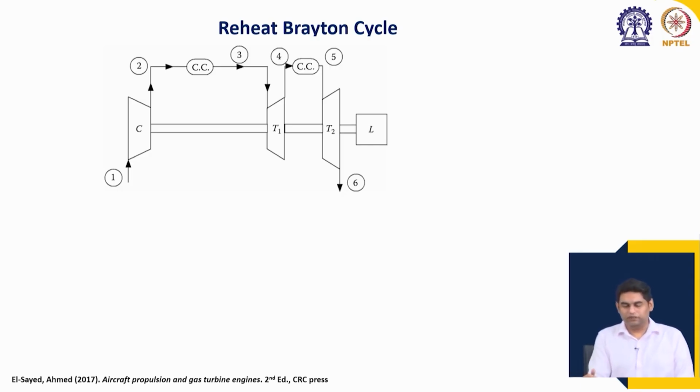So, which means that for a given mass flow rate, we are increasing the power output, or we want to increase the net specific work output of the cycle. So, the way to do this is to add another heating process after expansion in the turbine. Okay.